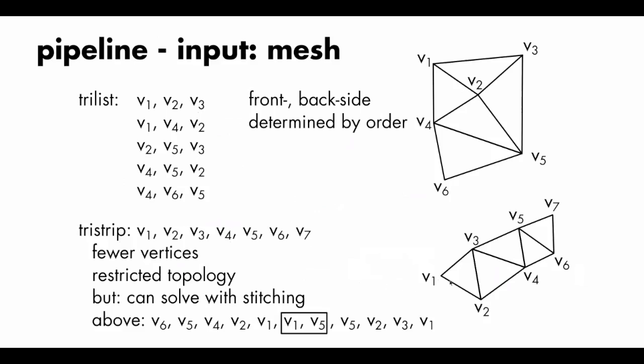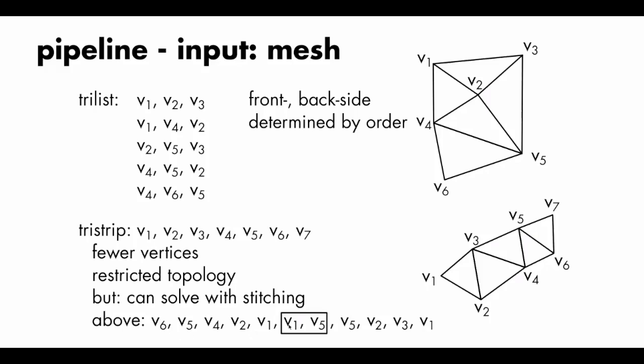One thing that might be problematic is that not every mesh can be expressed as just a single strip, but you can stitch multiple strips together, and that mesh in the top right here cannot be expressed as just a single strip. So you have to do some stitching here.